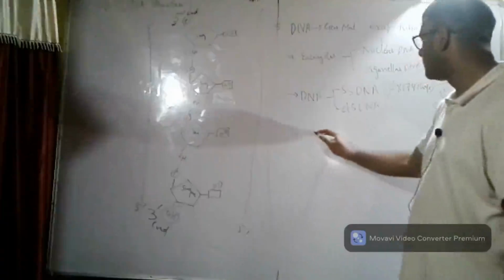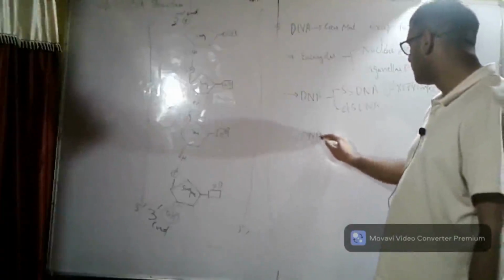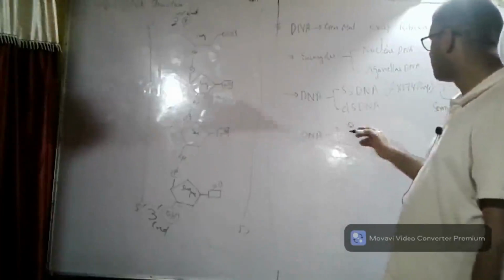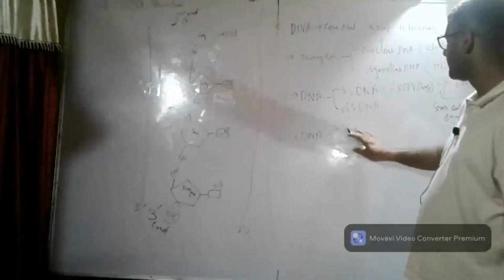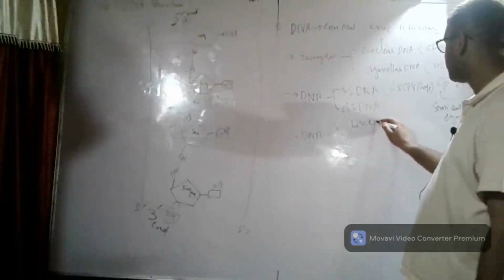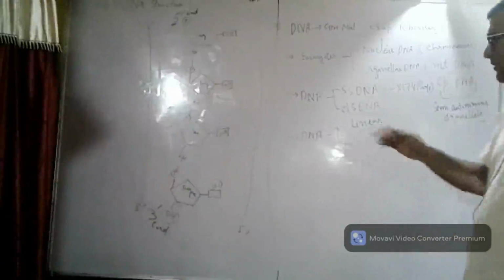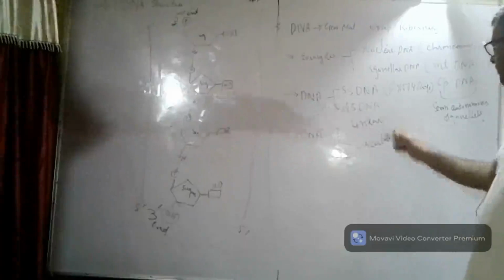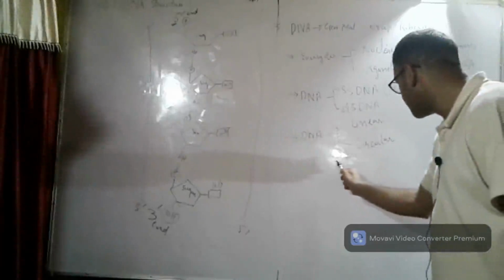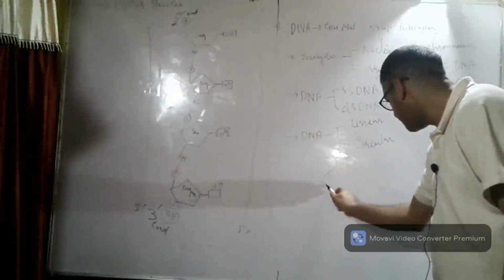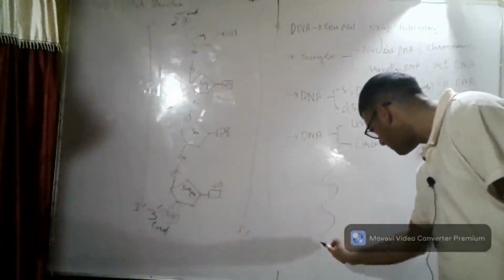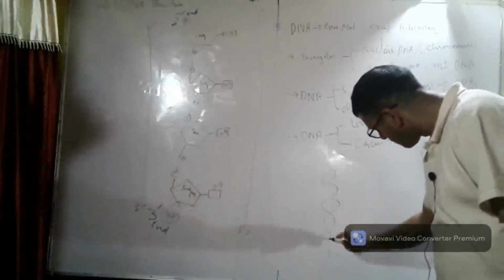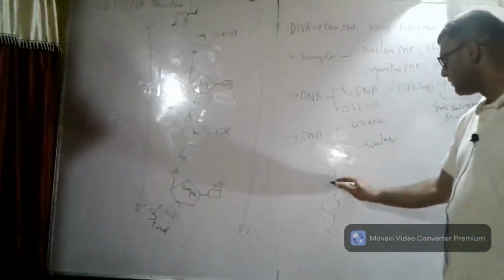Then DNA can be linear, and it can also be circular. What is linear? For example, I will show it like this. This is linear DNA.